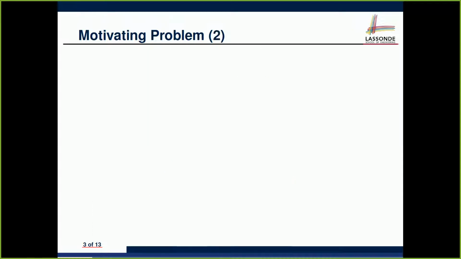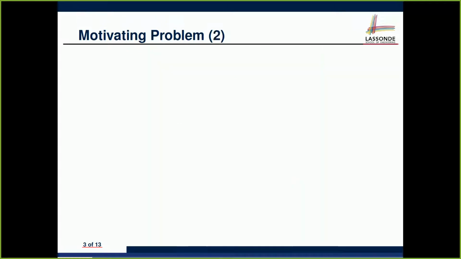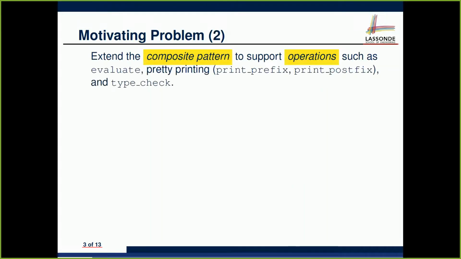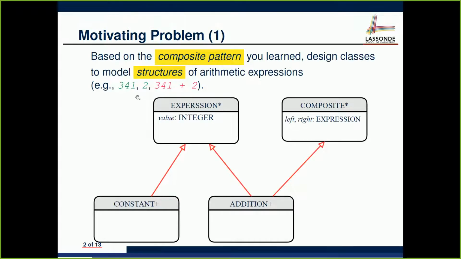So now here's a question. Hopefully nobody has questions about this composite design pattern architecture. What we will do is extend the composite design pattern in the following way. Our intention is to support various operations for our small expression language. You can think of this as our language here, which just supports constant and also addition.